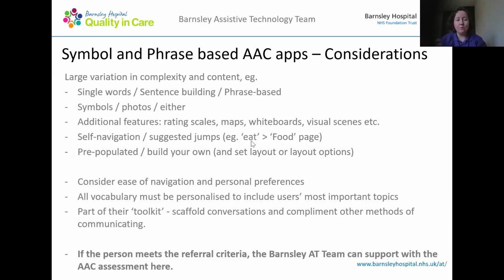I don't think it's enough for them, and we're here to continue that assessment. You can refer to us at that point. So we don't expect local teams to have a huge bank of lots of different apps and try and figure out which one's the best for that person, if they need something more complex. That's what we're here for.